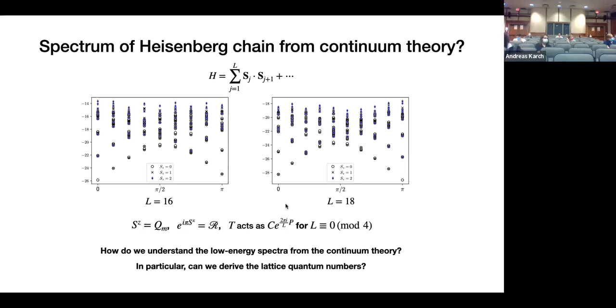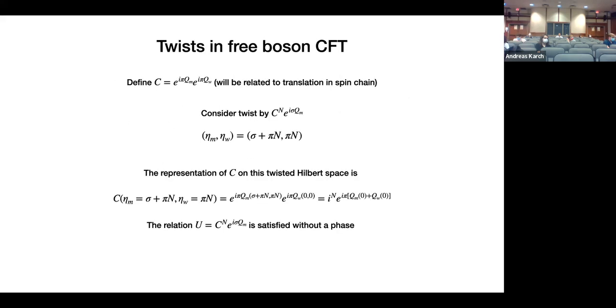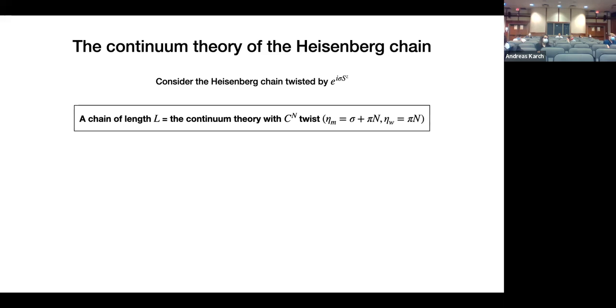Okay. Now let's use this to predict completely the spectrum of low energy states, the quantum numbers. So I have to advance a few slides. All right. Now to do this, we need to invoke this.